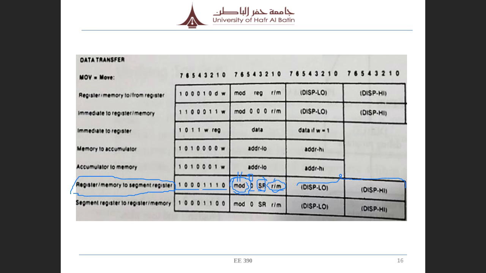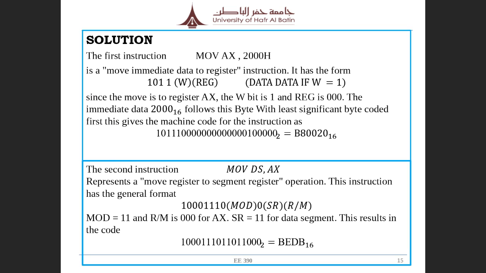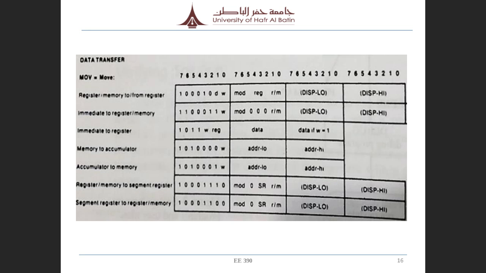Mod is related to the register or memory. So let us have a look. Actually, I think it's not register or memory. It is about the REG, so we call it REG.